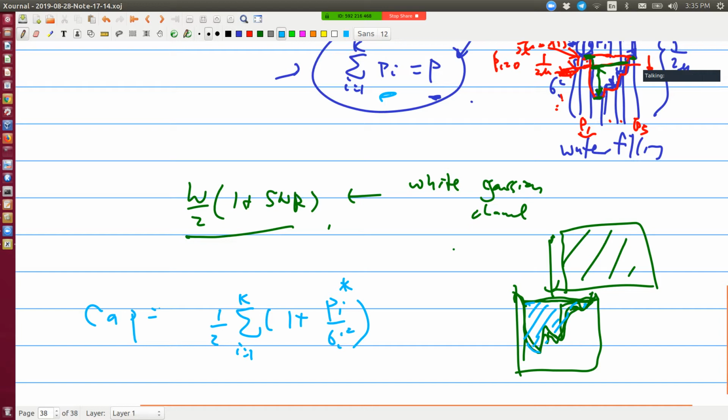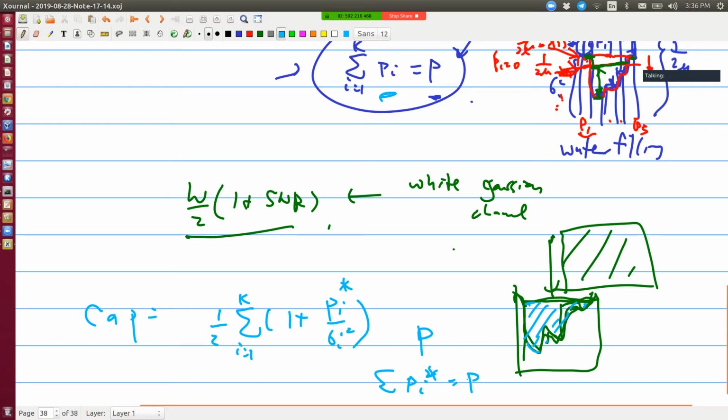So with water filling, if the power is decreased, what's the capacity then? If your P decreases, your Pi star will be different, right? Essentially this is a function of the total power, because the sum of all the Pi star should be equal to the total power.